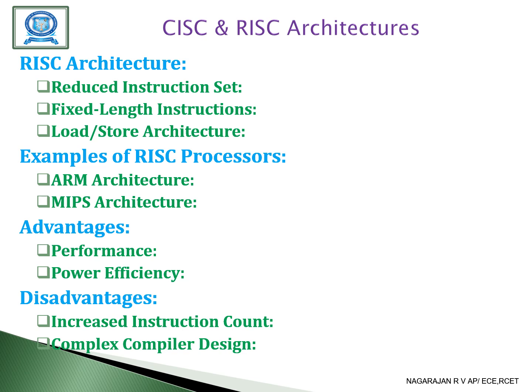Next, power efficiency, with fewer transistors dedicated to executing complex instructions. Let us see the disadvantages of the RISC architecture. It has an increased instruction count, and also it has a complex compiler design.